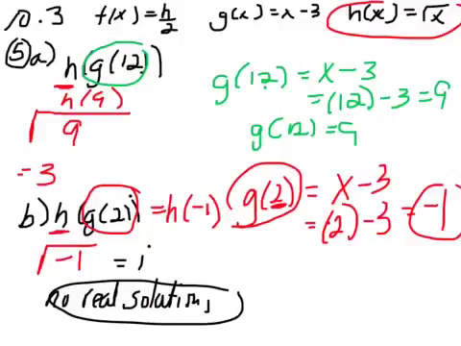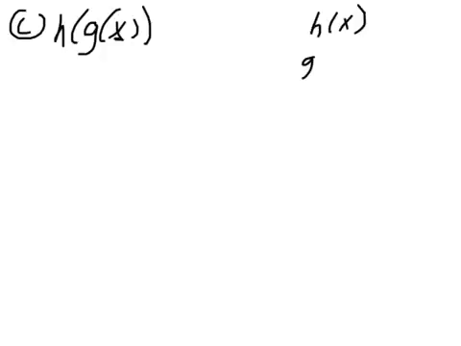Let's look at C. C is h of g of x. So this one looks a little bit different in that there's not a number plugged in here that we can go find. So if you remember, let me write h of x and g of x out here. H of x was the square root of x, and g of x was x minus 3. So you start here, you go, okay, what is h of x?